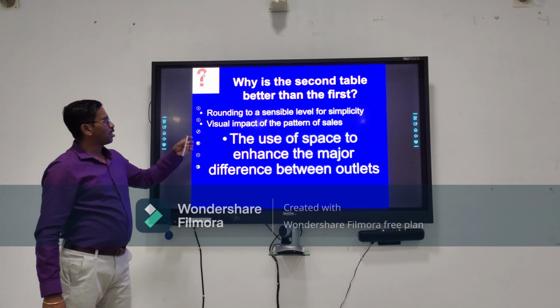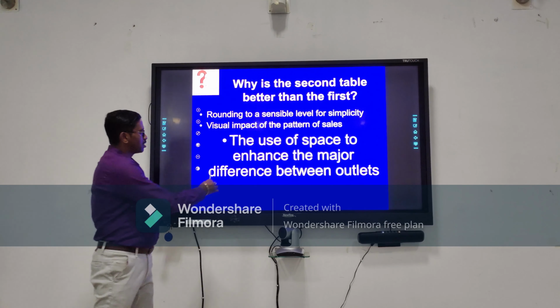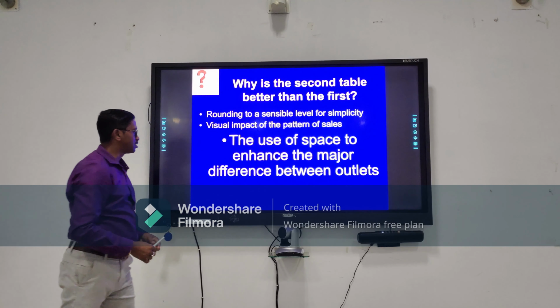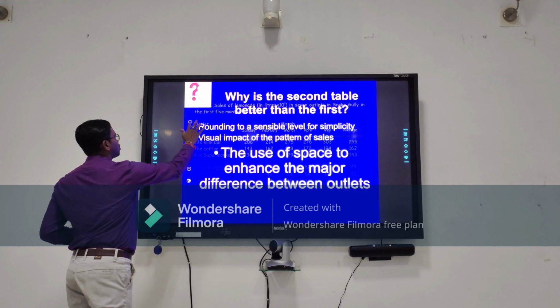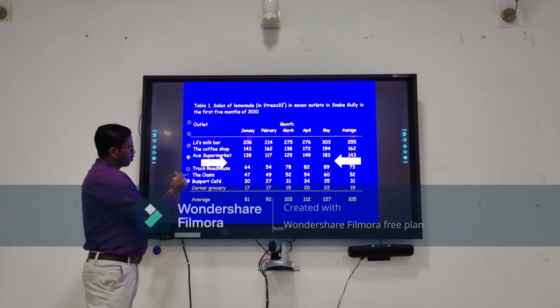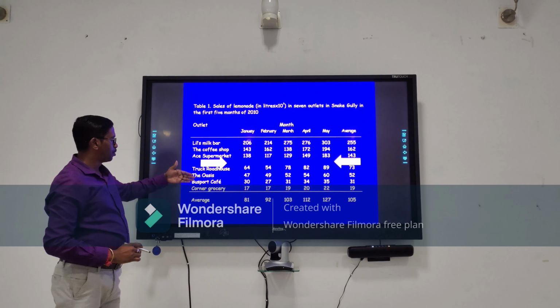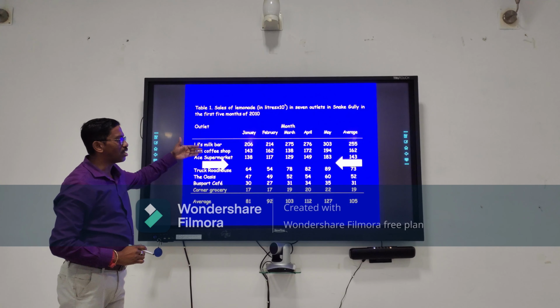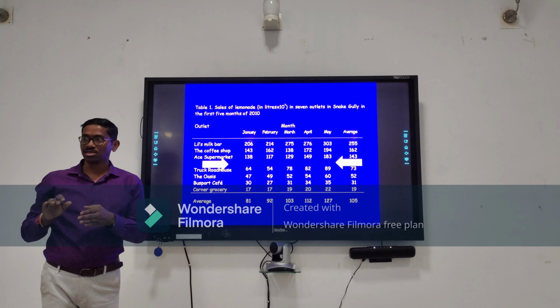Another answer to this question, why the second table is better than the first, is the use of spaces to enhance the major differences between the outlets. I mean to say, here we have used some spaces between 2 groups. One group with the higher sellers and another group with the lower sellers.